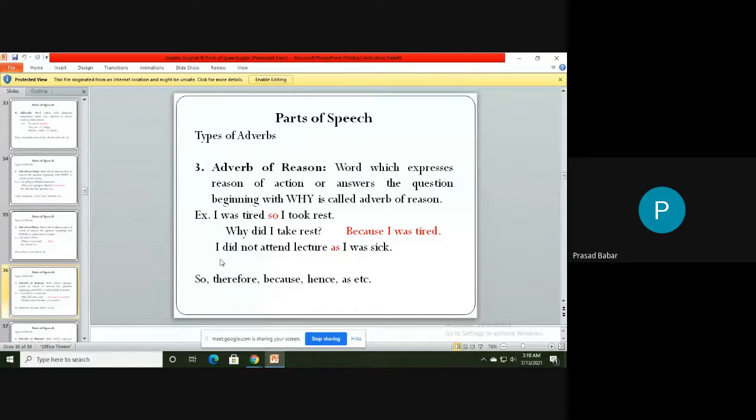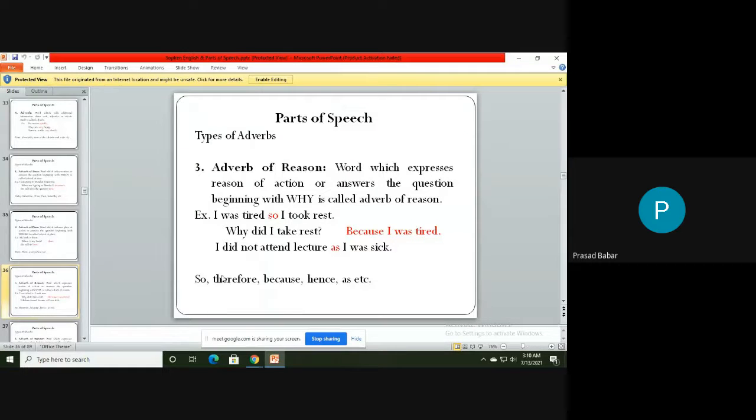In the next example, I did not attend lecture as I was sick. Here, as is the adverb of reason. If we ask the question why to this sentence, it will give the answer. Why didn't I attend lecture? Then it will answer because I was sick.